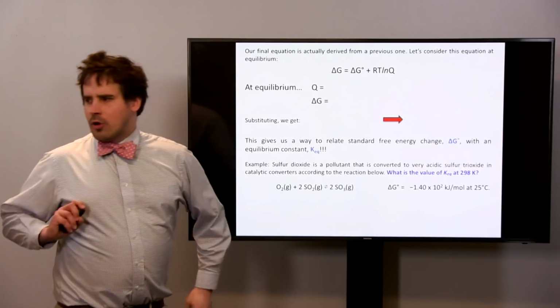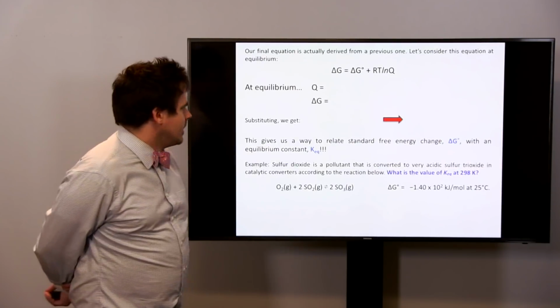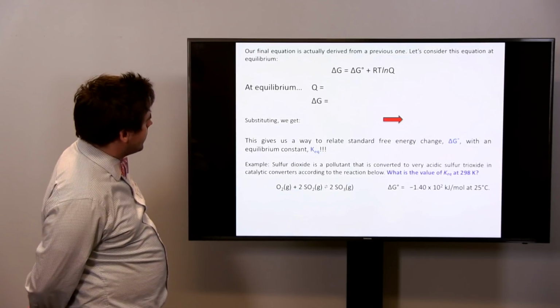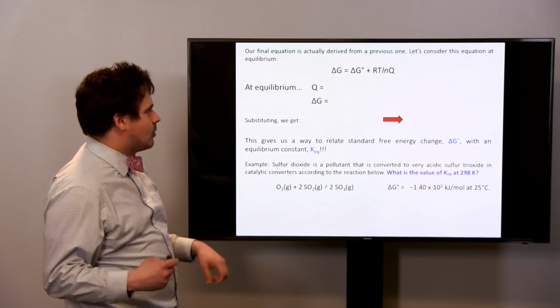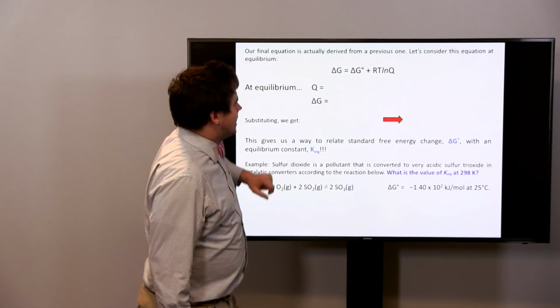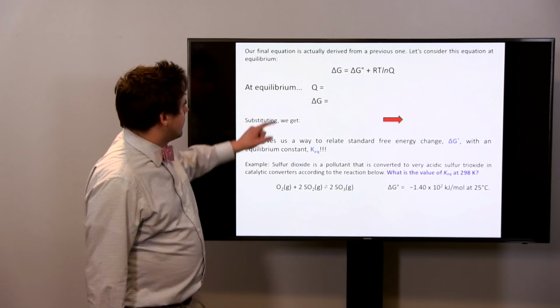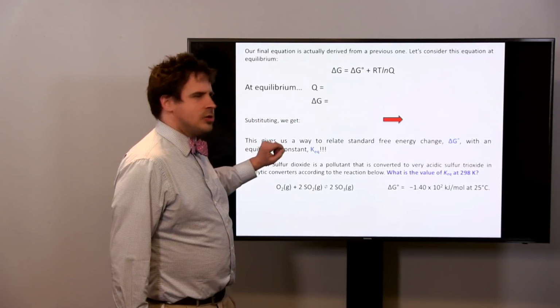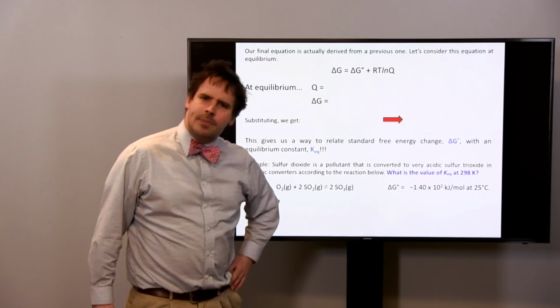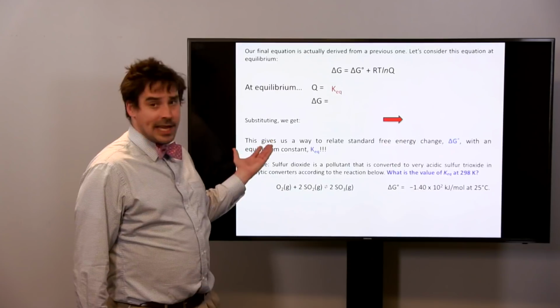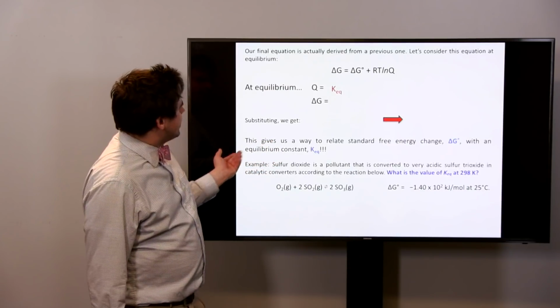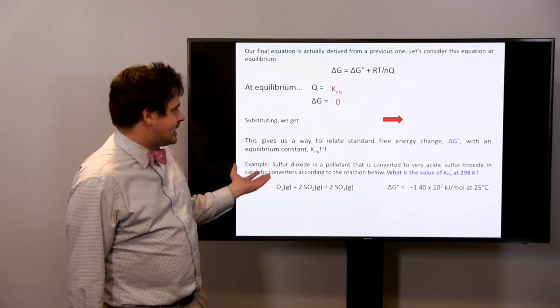So we've got one final equation to explore. First, in order to do that, let's consider what we just said about equilibrium. So here's our delta G equals delta G standard plus RT times the natural log of Q. Well, we're going to do a little clever substitution here. At equilibrium, what should Q be? Well, Q would be equal to KEQ. So delta G, as we said before, would be 0.